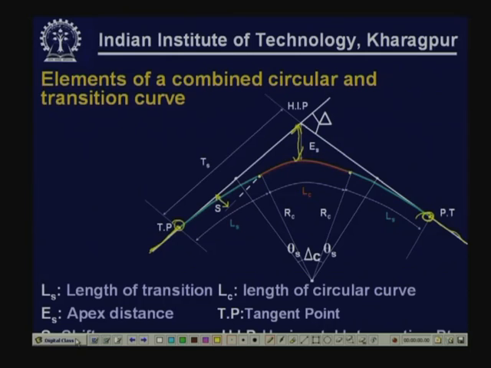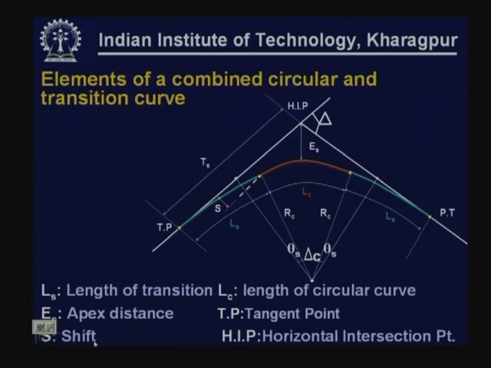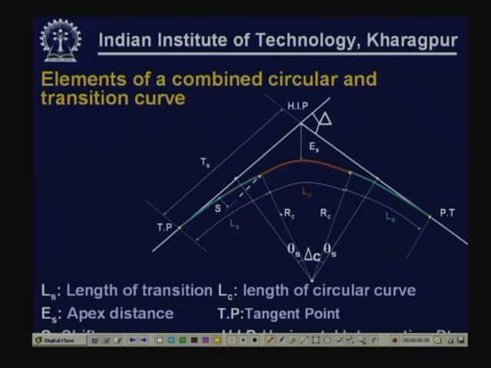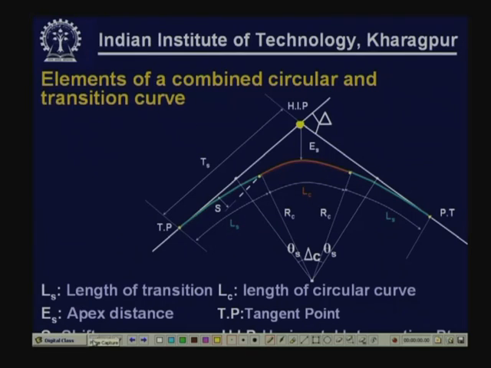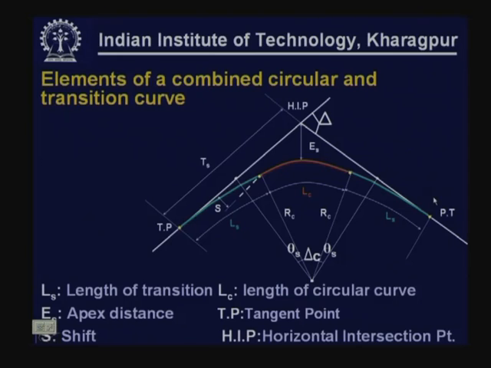So, that is the shift and this is the point known as the horizontal intersection point, because earlier this was one tangent, this was another tangent. So, HIP is also used, horizontal intersection point. Now, let us see some of the other properties also.